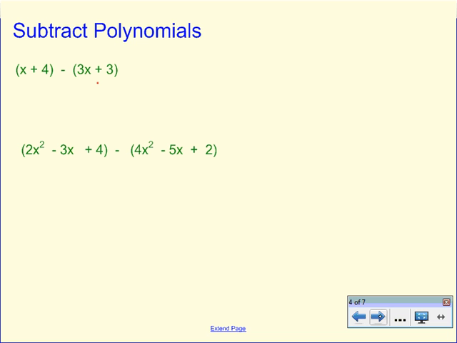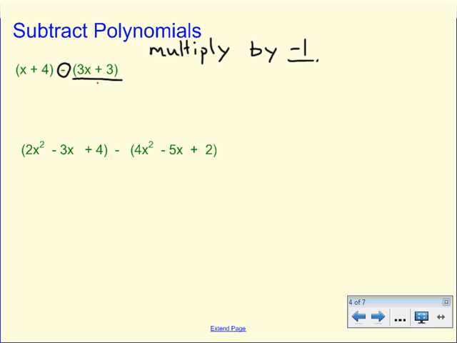Now, if I subtract polynomials, it's actually just the same as adding polynomials, except for now I have this negative sign right here in between them. But really, all that negative sign is a negative 1. And I'm going to have to multiply everything to the right, or inside the brackets, by negative 1.